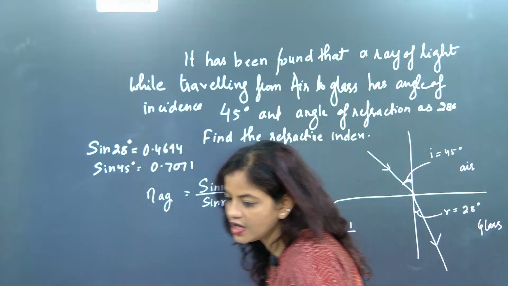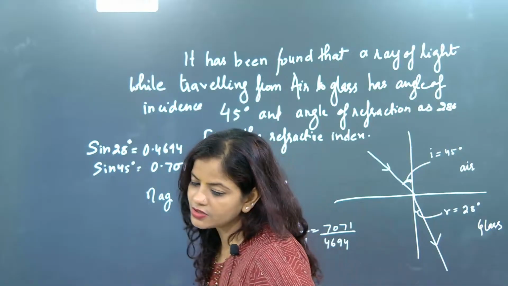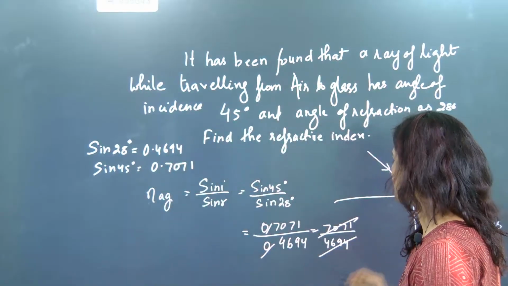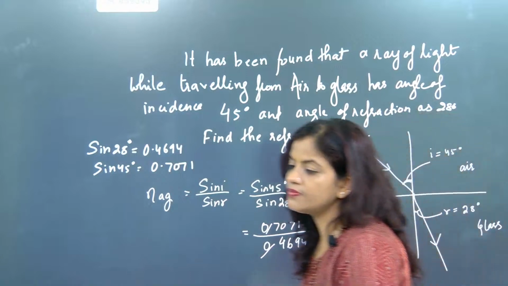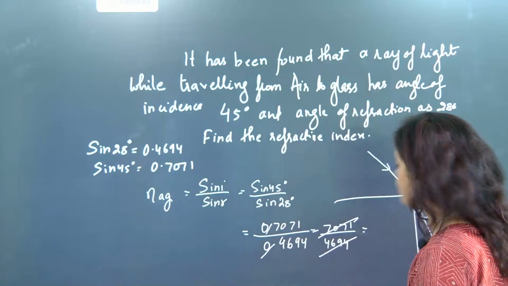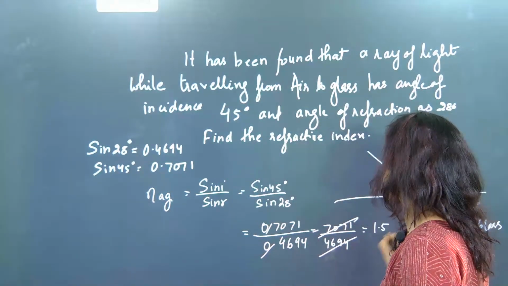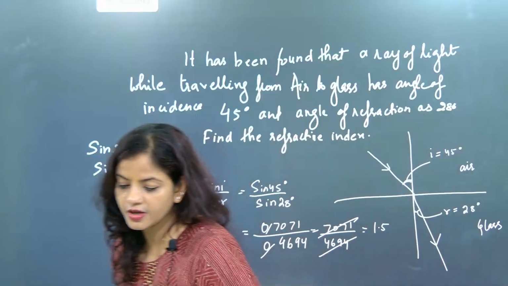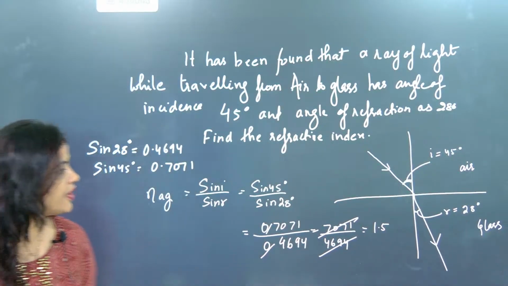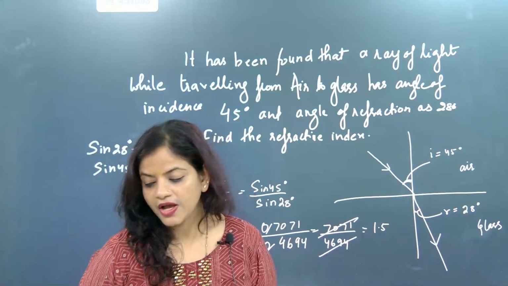Yes, absolutely, Manju. When we calculate 1 by root 2, with root 2 as 1.414, the answer is 1.5. Absolutely correct, beta. So what is the refractive index coming, beta? The refractive index is 1.50.